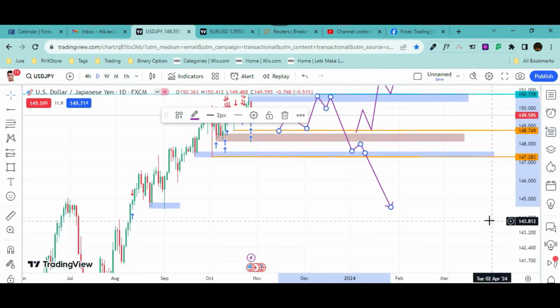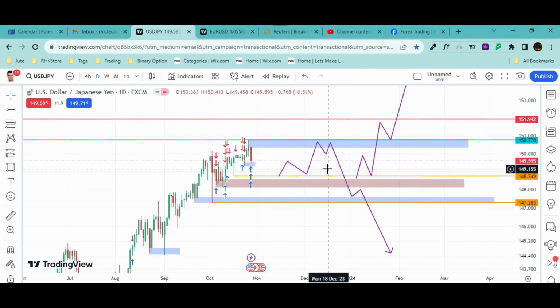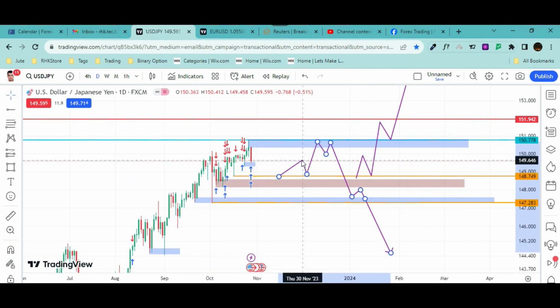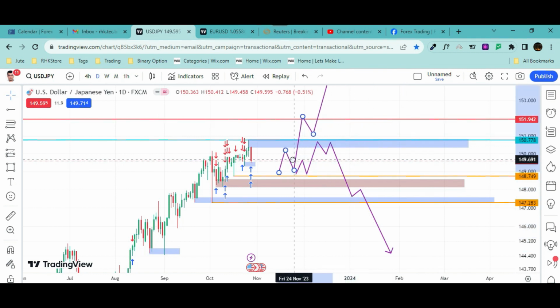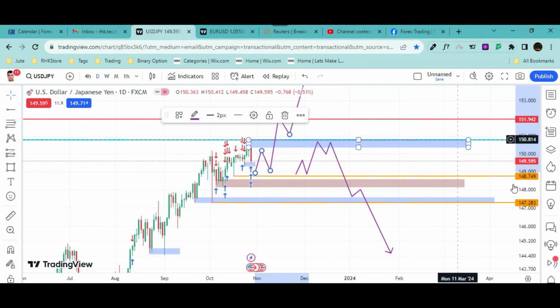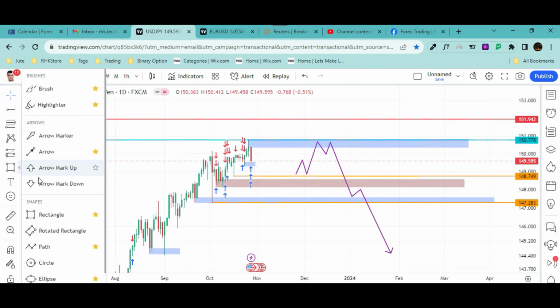Now on the upside, the market is currently here, and let's draw it a little bit differently so we can understand it far more clearly. Let me draw it properly here once again, sorry for that.